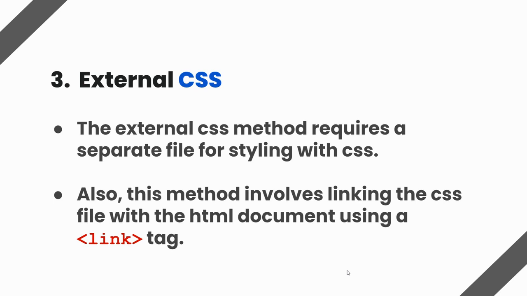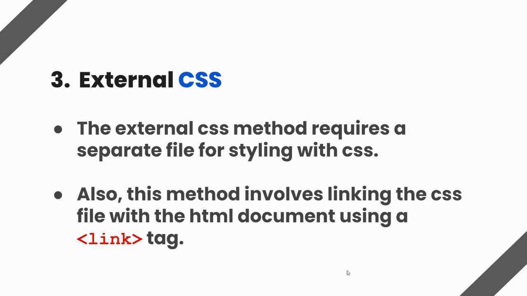So you have a file that is dedicated for writing HTML. You have a file that is dedicated for writing CSS. So that file is what you would use for your styling throughout. And for you to link the CSS to the HTML, you would be making use of what is known as the link element or the link tag.